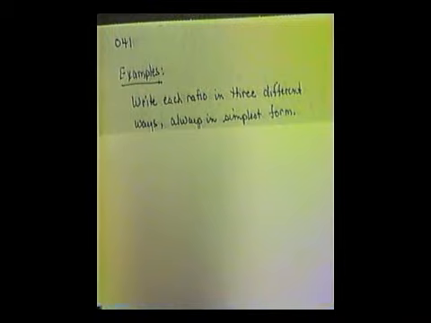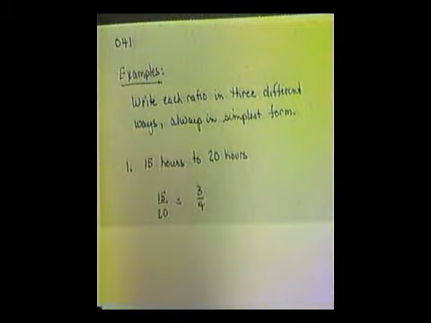Let's look at some examples. We want to be able to write each ratio in 3 different ways, always in simplest form. Our first example is 15 hours to 20 hours. We're going to write this in fraction form, so we're going to write 15 over 20.